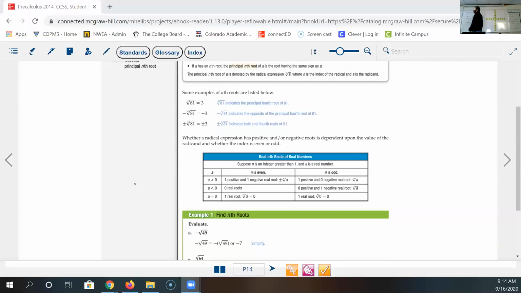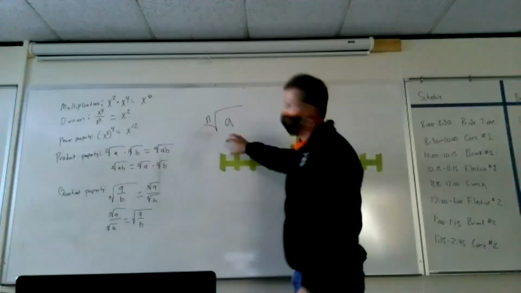Suppose n is an integer greater than 1 and a is a real number. In this situation, we have to realize that n is the index. That's the number that's written really small. And a is what's known as the radicand. To understand this graph, we've got to understand this basic portion right here.